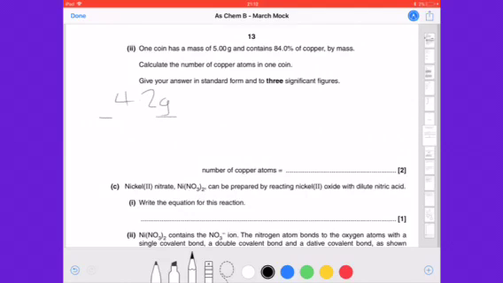So you would do 4.2 grams divided by the molecular mass that you calculated in the previous question, 63.62, and that will give us the moles. If you've done that correctly, you should get 0.06 moles.